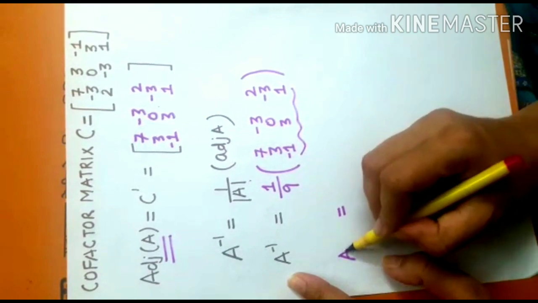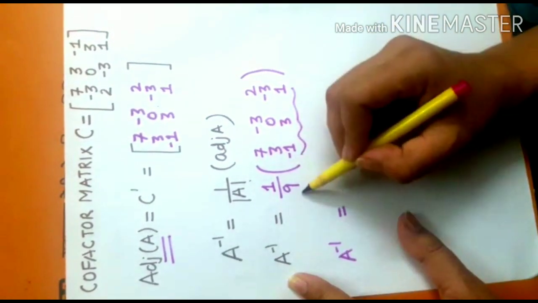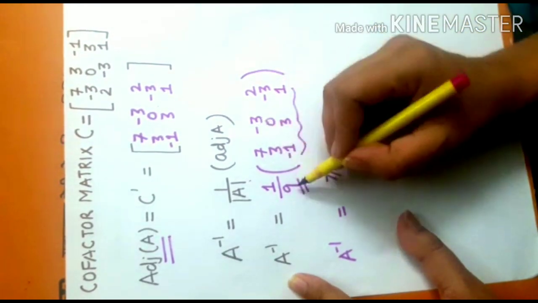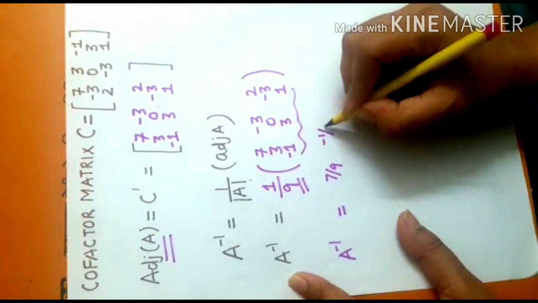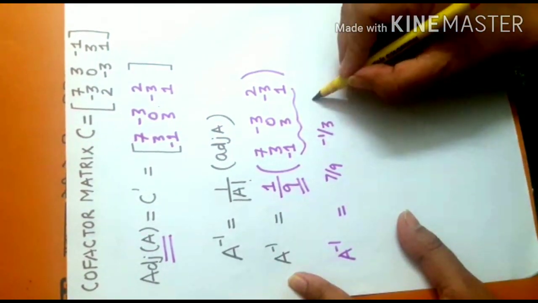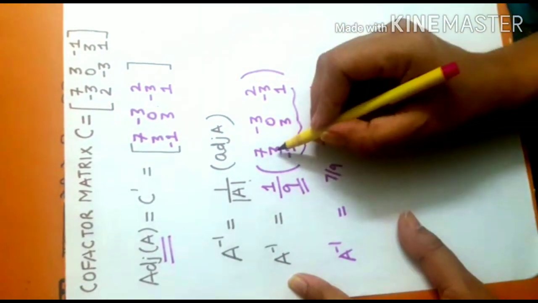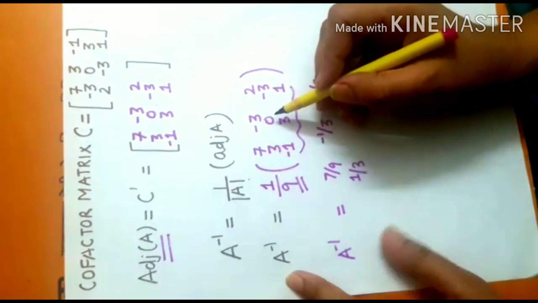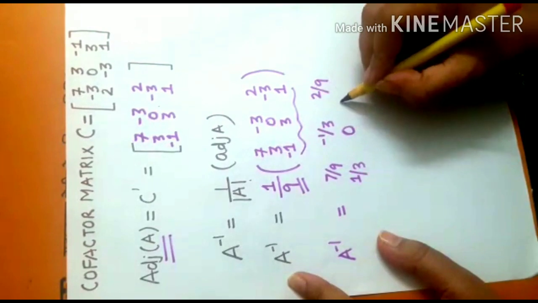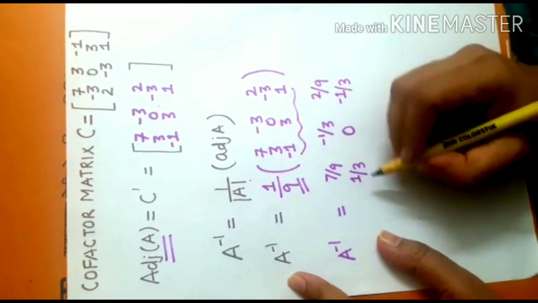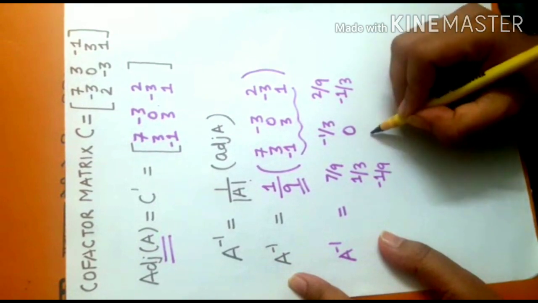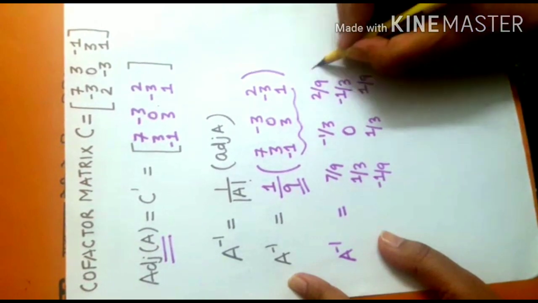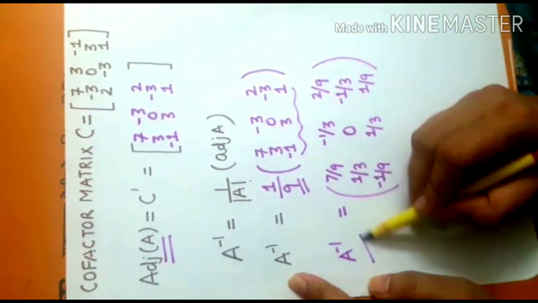That means each element of the matrix will be multiplied by this scalar. So we will get 7 by 9, minus 3 over 9, which on simplification will give you minus 1 over 3. This is 2 over 9. This is 3 over 9, which on simplification will give you 1 by 3. That is 0. Next is minus 1 over 3, minus 1 over 9, 1 over 3, and 1 over 9. So this is the inverse of the matrix.